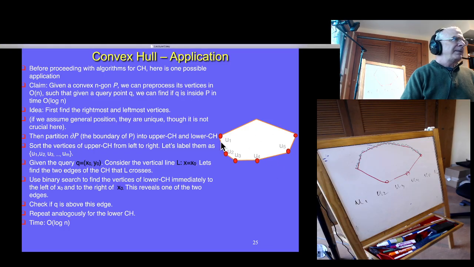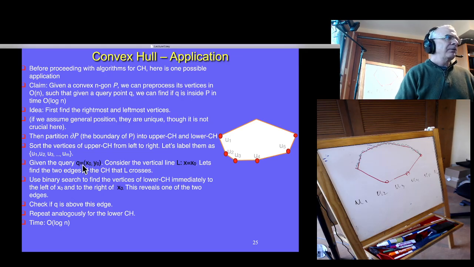And now you're giving me a query point. Only right now you surprised me with the coordinates of a query point Q with coordinates x0, y0, and I need to answer quickly if Q is inside the polygon or outside the polygon.